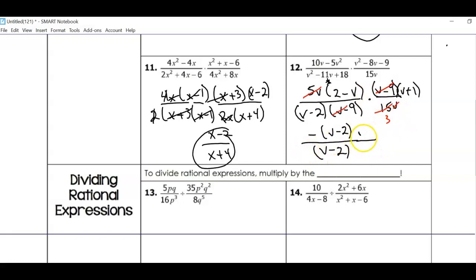I have a v plus 1, and I have a 3 here. Alright, v minus 2 goes away, and that leaves me with a negative v plus 1 over 3.